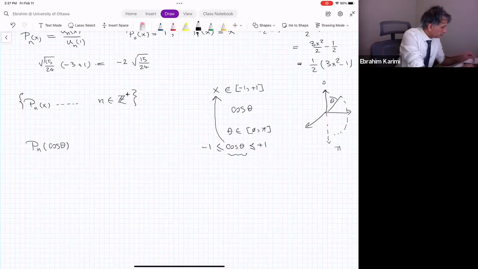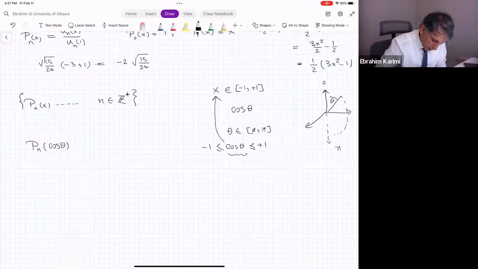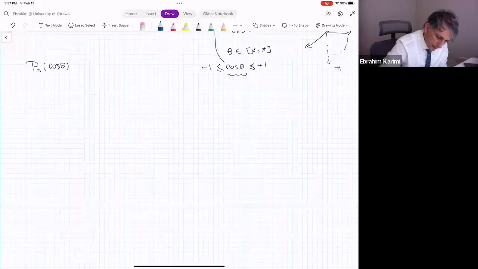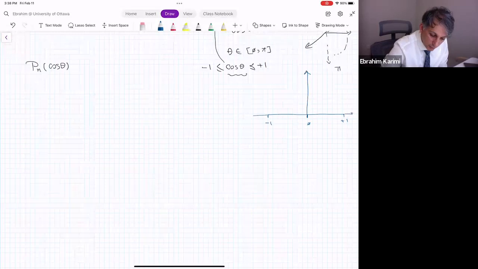This is what I usually do. So if you look at the domain that we have, it's changing from -1 to +1. And we look at the value of the functions that we have.